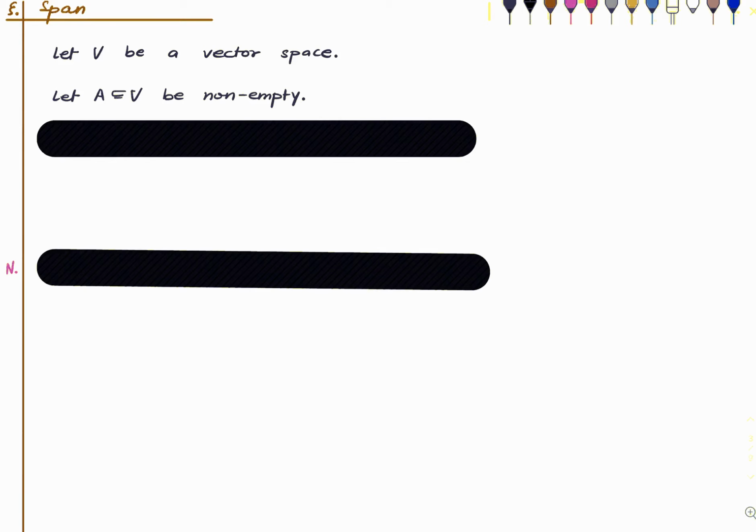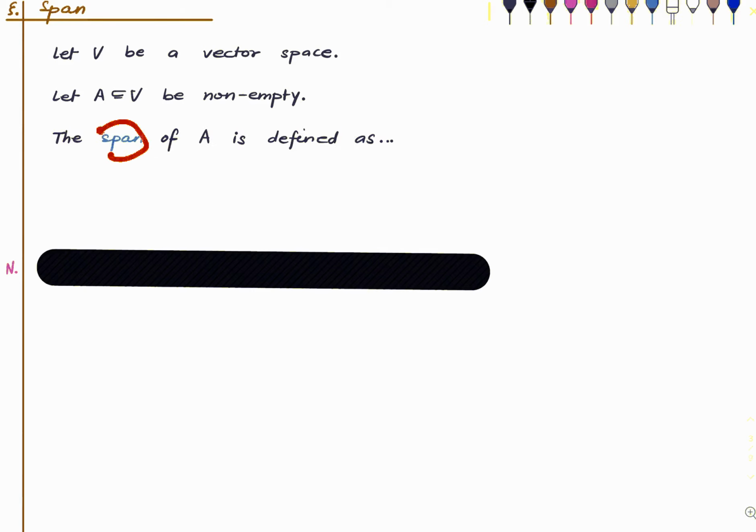Then we define the span of A as the smallest subspace of V that contains A. So it is an informal statement as of now because what one means by smallest is unclear.